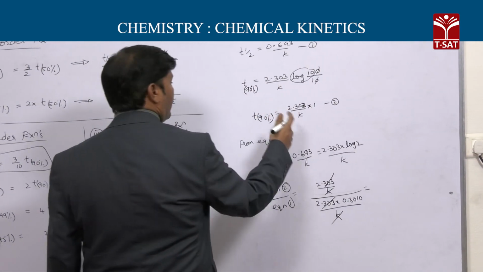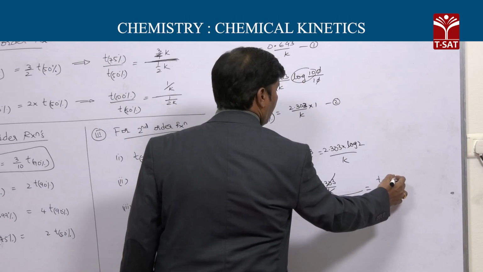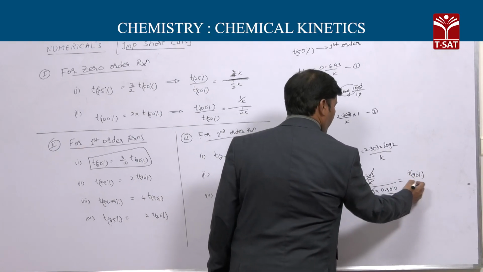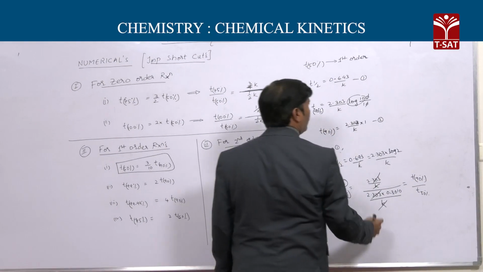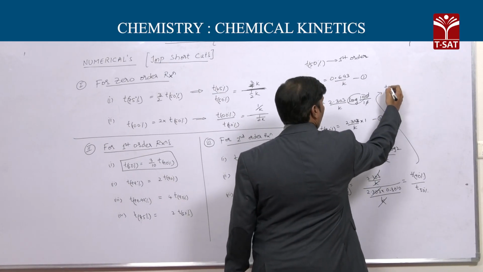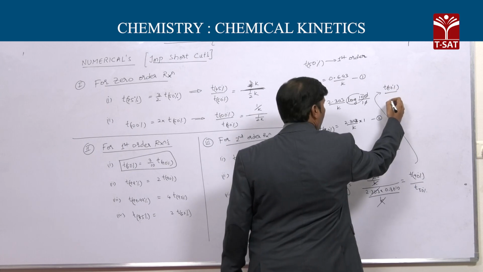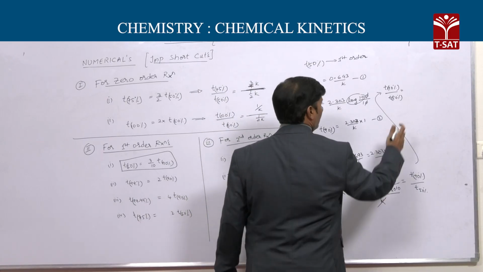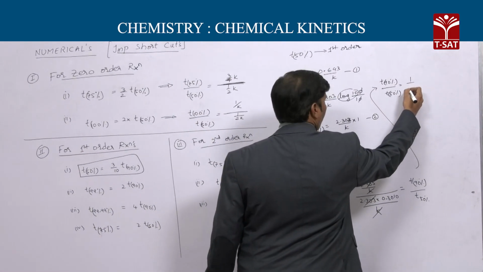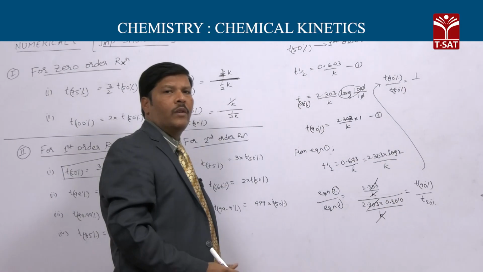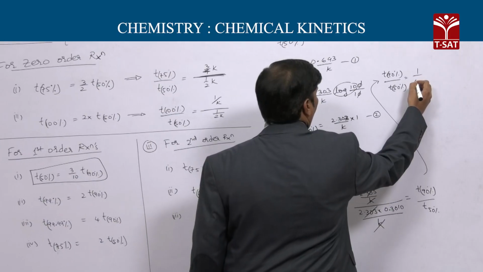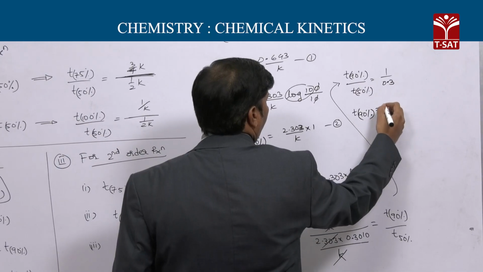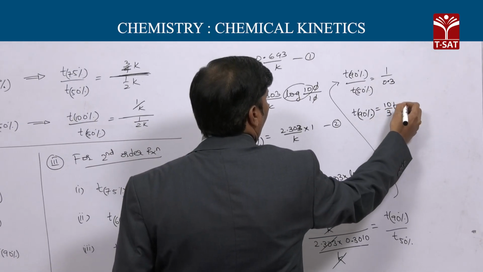The 2.303 is for T90% and the other is for T50%. So T90% divided by T50% is equal to 1 by 0.3010, approximately 0.3. So 1 by 0.3 means T90% is equal to 10 by 3 of T50%.